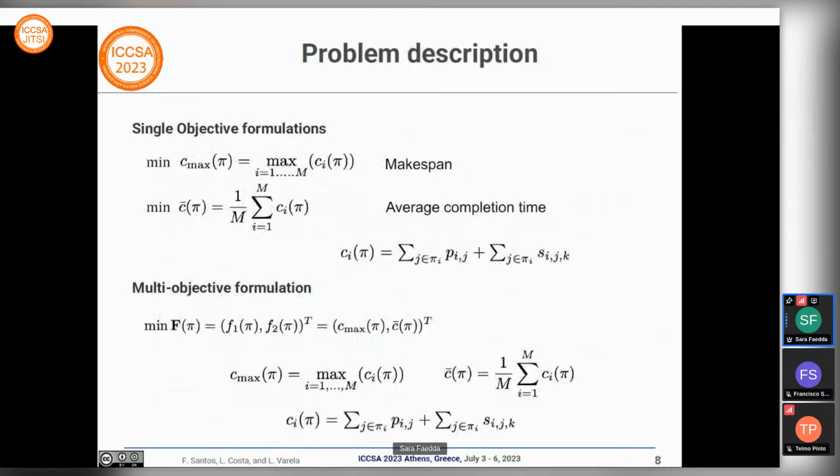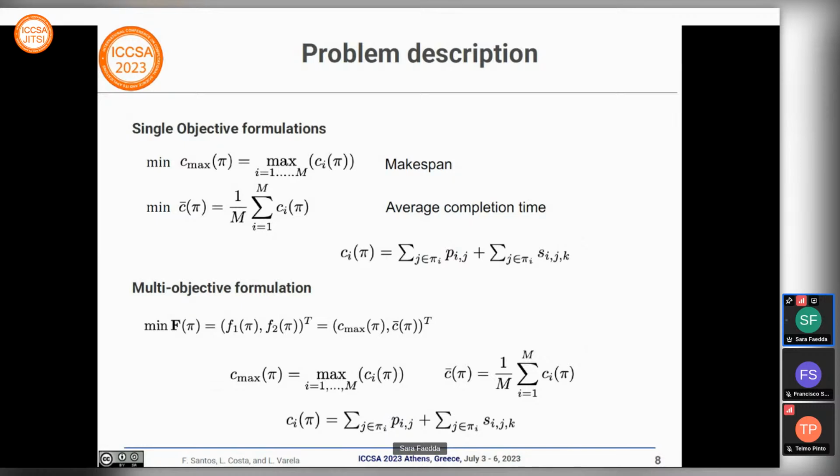Okay, so in this work we start with, I would say, the simplest objective, the makespan, which corresponds to the maximum completion time, and we also consider the average completion time. We start by optimizing these two objectives separately.